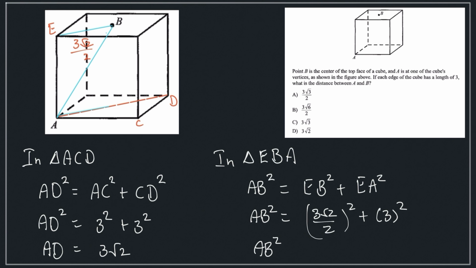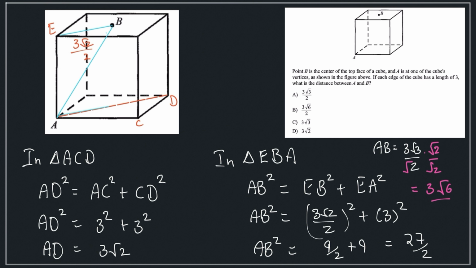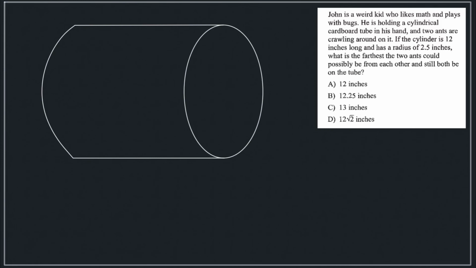This can be easily simplified to 9/2 plus 9, or 27/2. When we take square root on both sides, we will get 3√3/2, which can be further simplified by multiplying √2 to both top and bottom, and we will get 3√6 divided by 2.